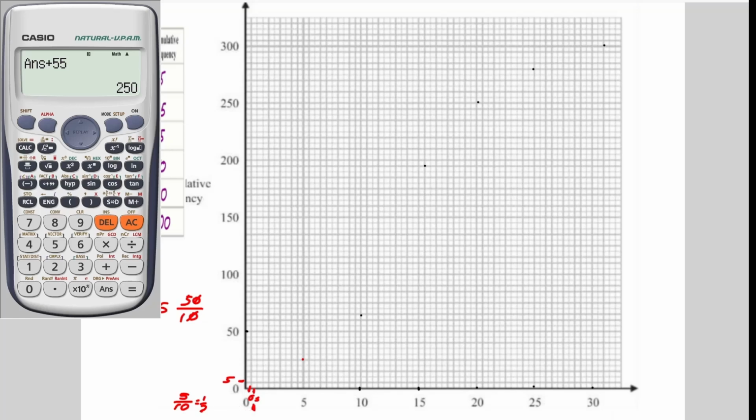Right, let's plot now. Second one, 10, 65. Next one, 15, 195. 20, 250. Next one, 25, 280. 30, 300. Let's draw it now.